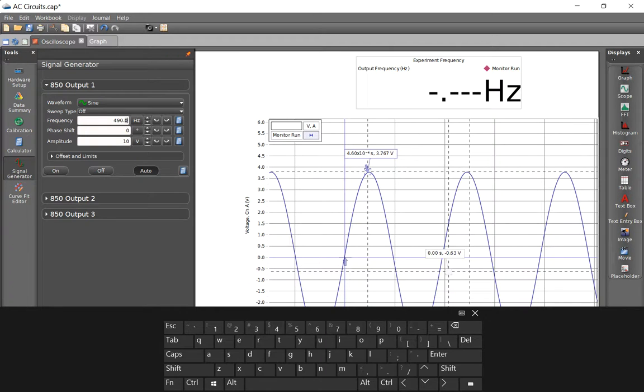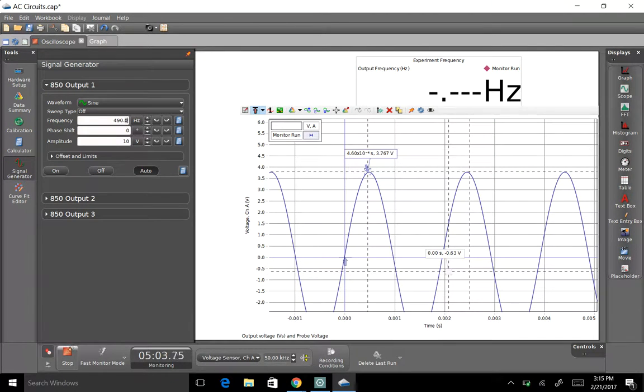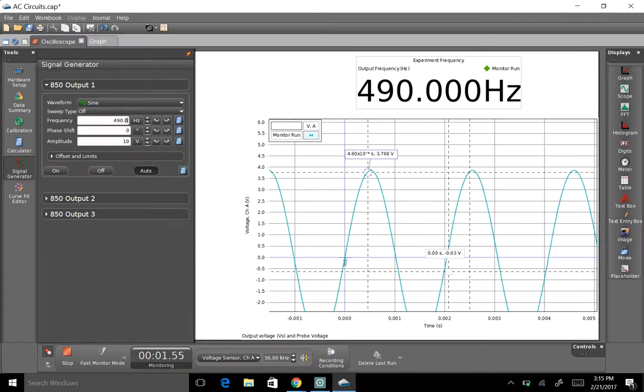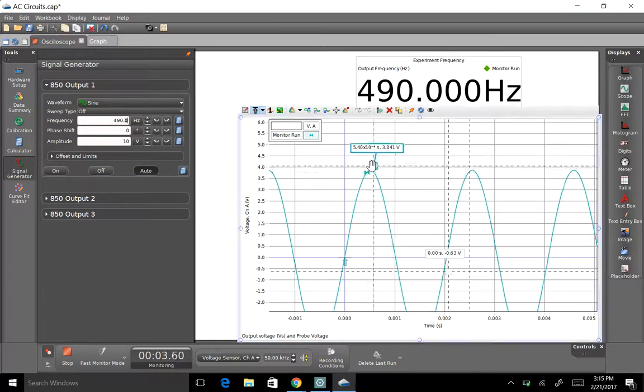It stopped. Don't know why it stopped there. Okay, so that's 3.83 at 490. So that's the same as we had.